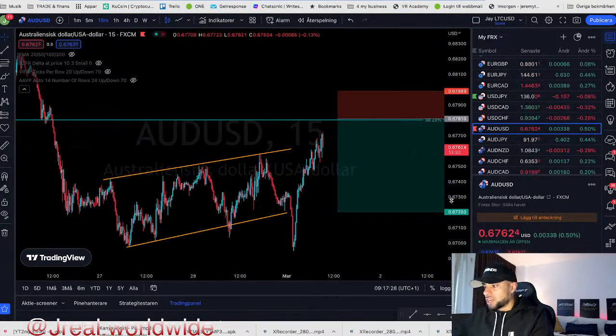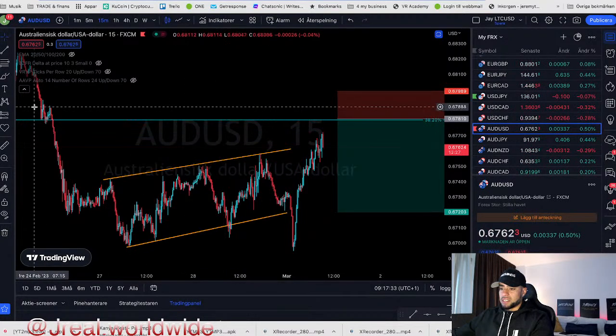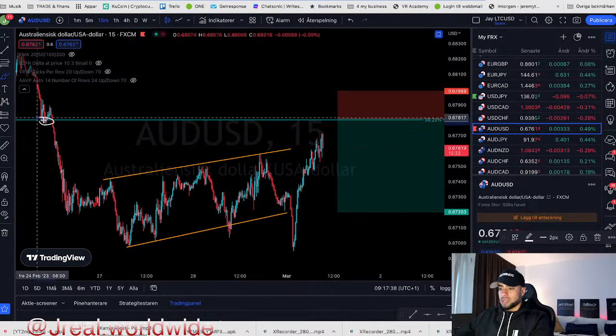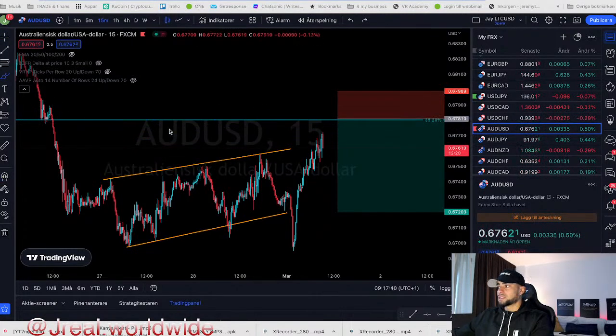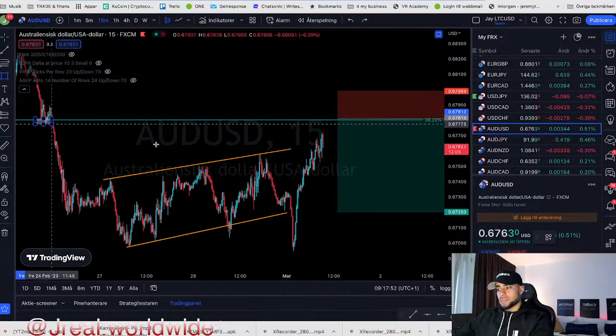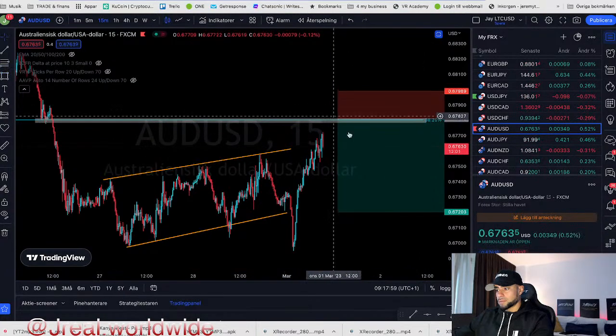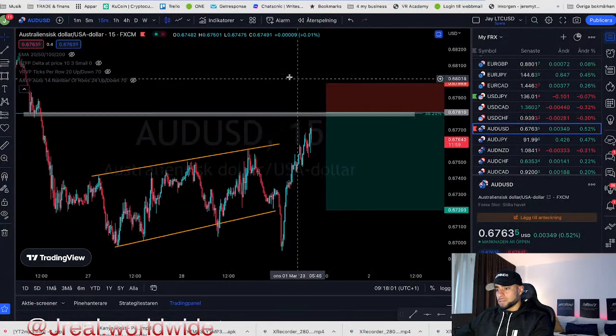As you see, the 38.2 Fibonacci retracement, this one from underneath, it correlates perfectly with this support, which will be resistance. So entry zone is here somewhere. That's the entry zone.